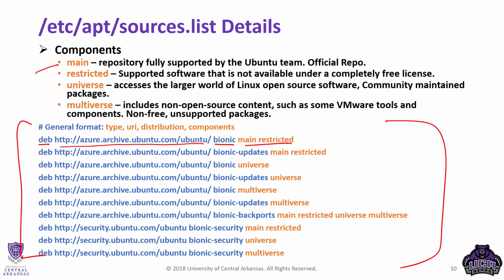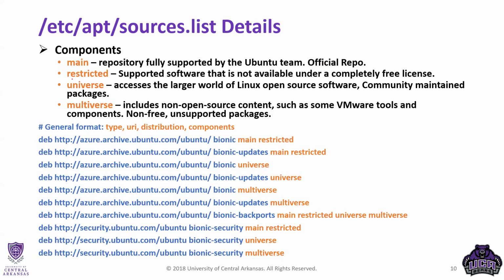So you can see main, that is software from Ubuntu's official repo, so completely supported, maintained by them. Then you've got restricted. This is software that's not open source, but they do support it. Then you've got Universe. This is community maintained. This is where you have to be careful, right? Because it's all community, you don't really know what you're getting. So it's truly open source software.